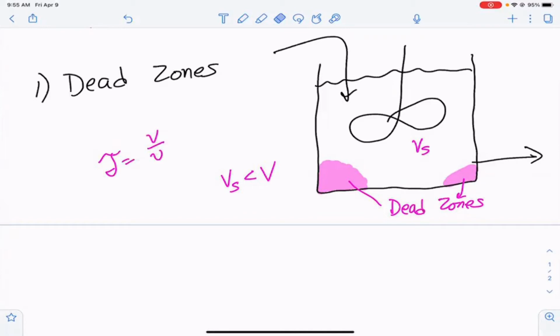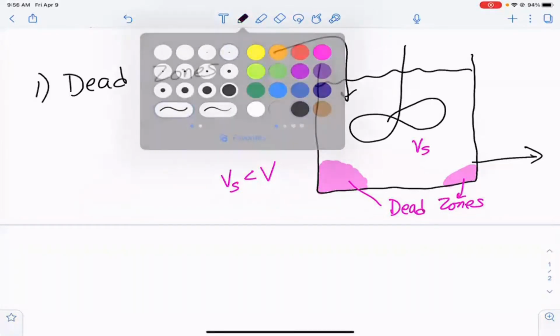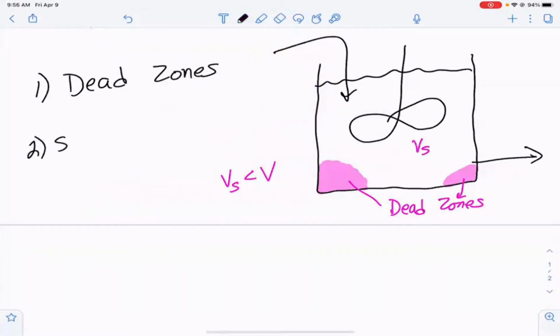And if you made the residence time go down, you also would have the conversion go down. And this is bad, so your reactor might not be able to behave as you thought that it should. Another problem in CSTRs are areas where you have short circuiting, or it's also called bypass.